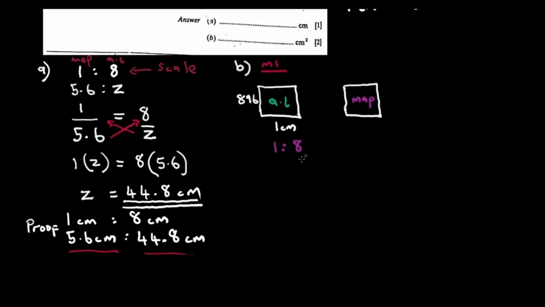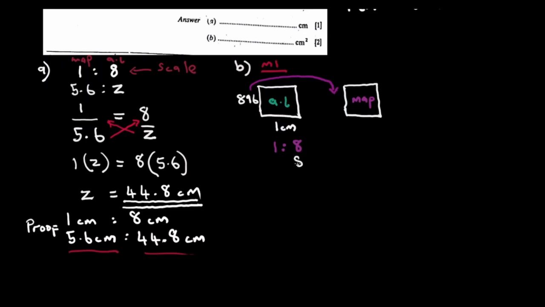actual length. So in this instance, we need to convert 896 centimeters into a scale length. How do we do it? We put our proportional statements here. 1 centimeter on the map represents 8 centimeters on the actual ground.